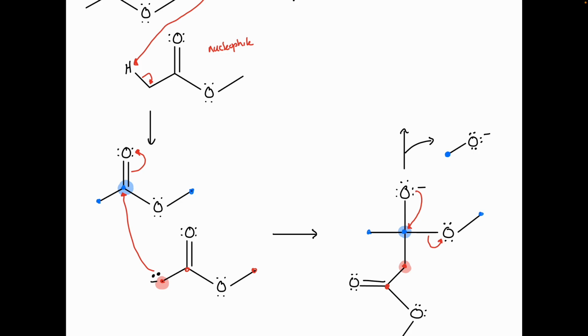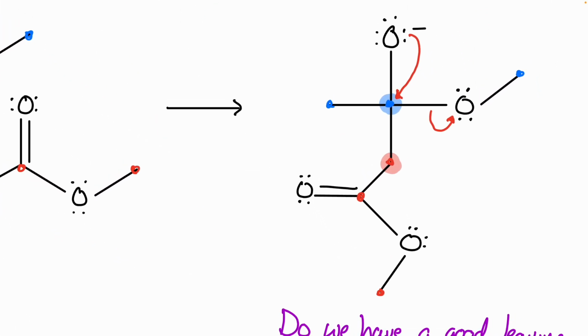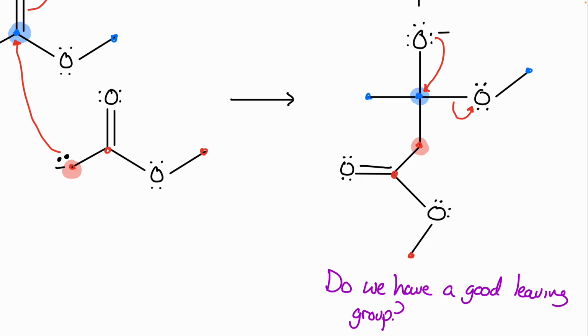Okay. So everybody take a shot at the product here. Everybody following our electron pushing arrows, draw me the product of this reaction. We'll talk about why it's a good leaving group in a second, but let's make sure that we can just follow our arrows.